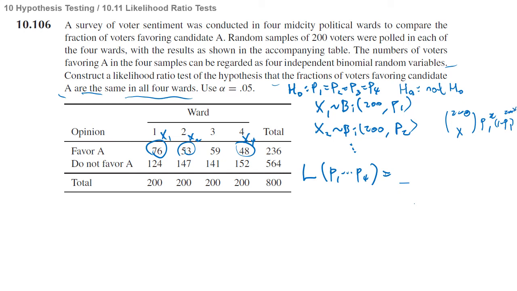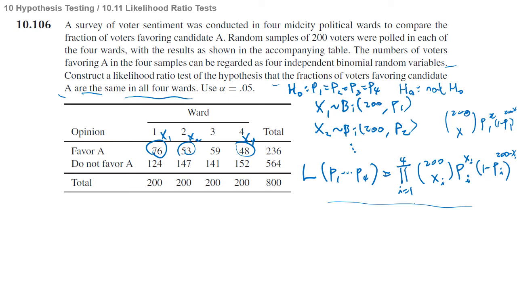So the combined likelihood is the product over i from 1 to 4 of 200 choose xi, pi to the xi, and 1 minus pi to the 200 minus xi. Okay, so this is the likelihood function, and this is the binomial likelihood case.